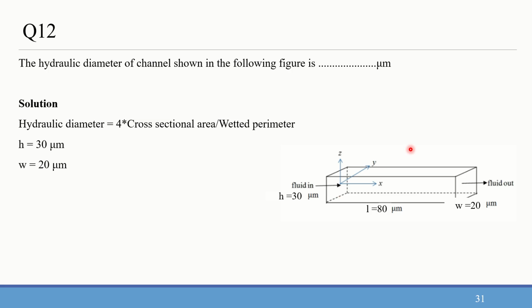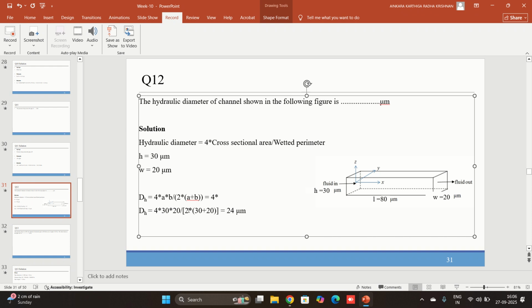For this rectangle, the area is a into b, divided by the wetted perimeter, which is 2 times a plus b. So it is 4 into ab by 2 times of a plus b. Instead of ab I'll put hw, that makes sense.